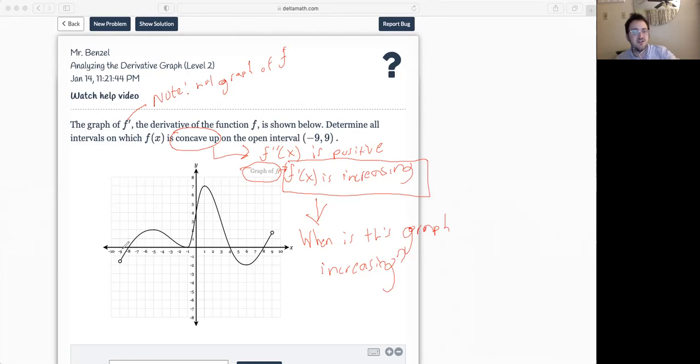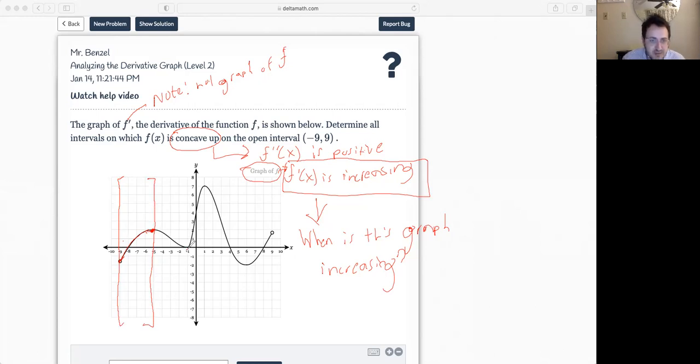So if I'm going to look at the intervals where we are increasing, so right about from, I could even trace the graph. It looks like right about there is where we stop our increase. So we have some concave up going on in that interval.